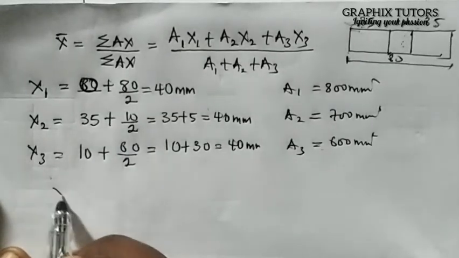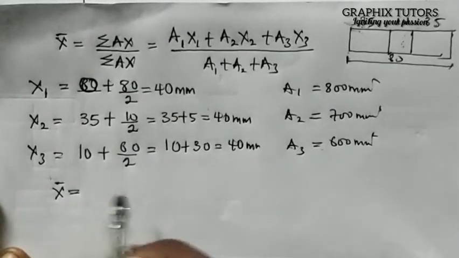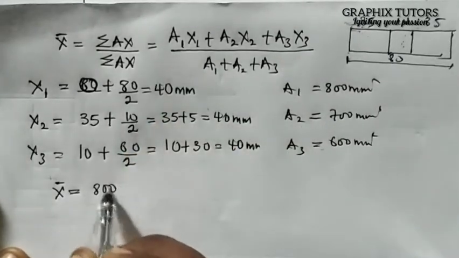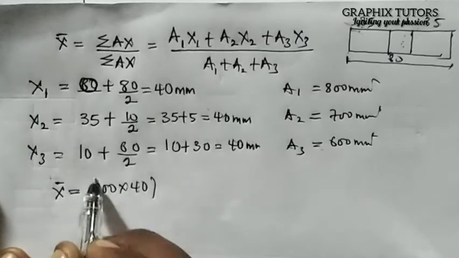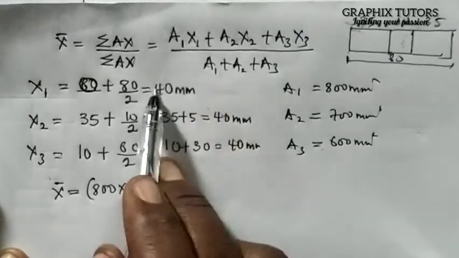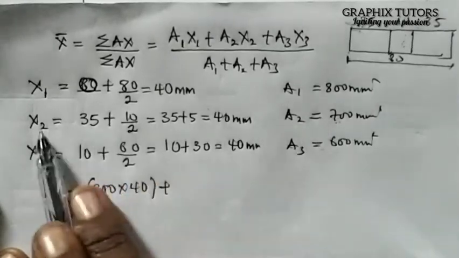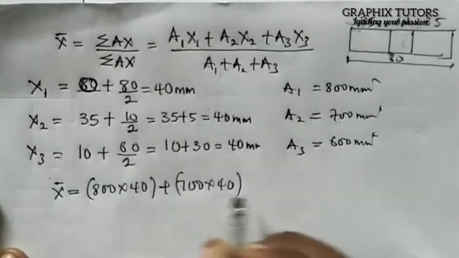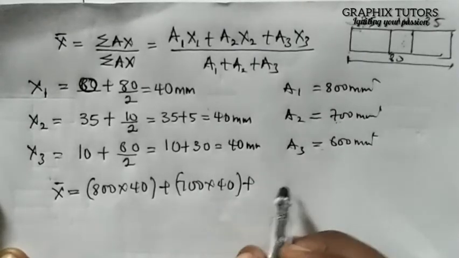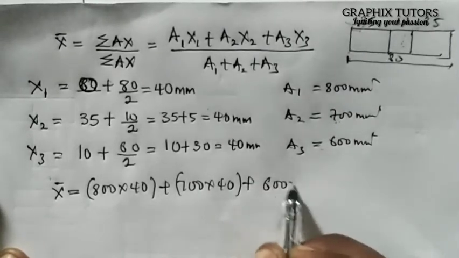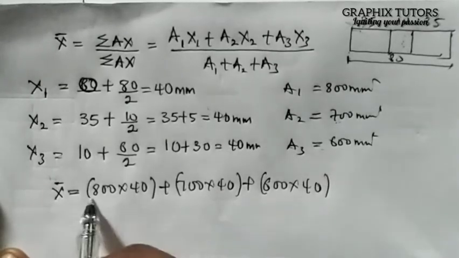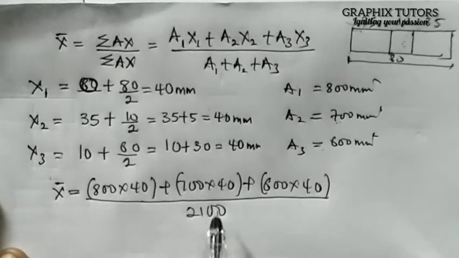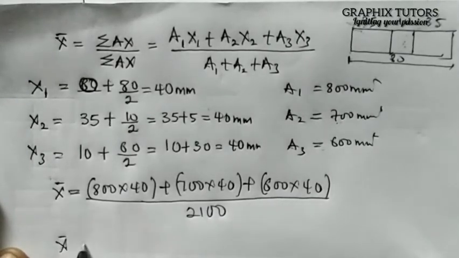My x bar here: A1 is 800 multiplied by 40, because x1 is 40, plus A2 is 700 multiplied by x2, which is 40, plus A3 is 600 multiplied by 40. Everything that we have here divided by 2,100.